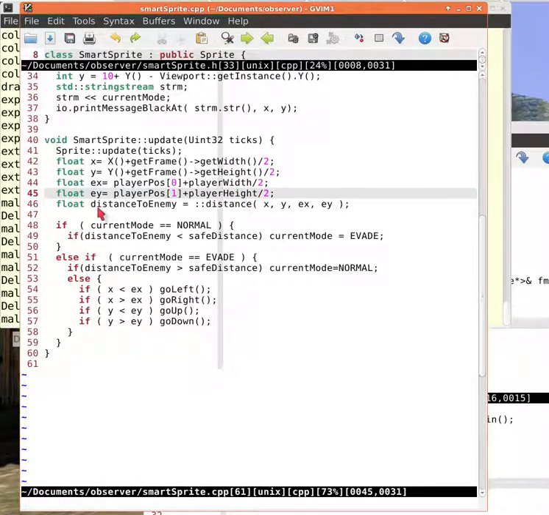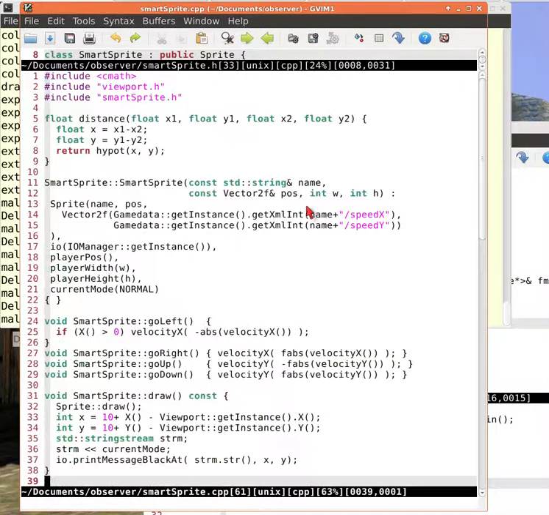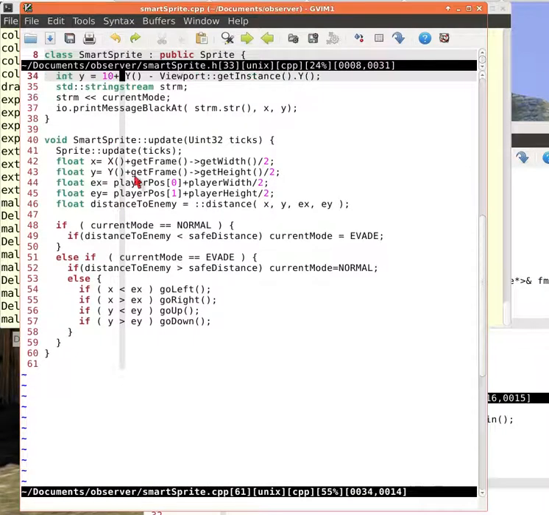And then I just use the Euclidean distance formula to find the distance between me and the enemy. And there's the distance formula. You subtract the two x's, subtract the two y's, and square them and find the square root. Except that I'm using this math function to find the hypotenuse. Okay, so Euclidean distance, nothing hard. So I find the distance to my enemy.